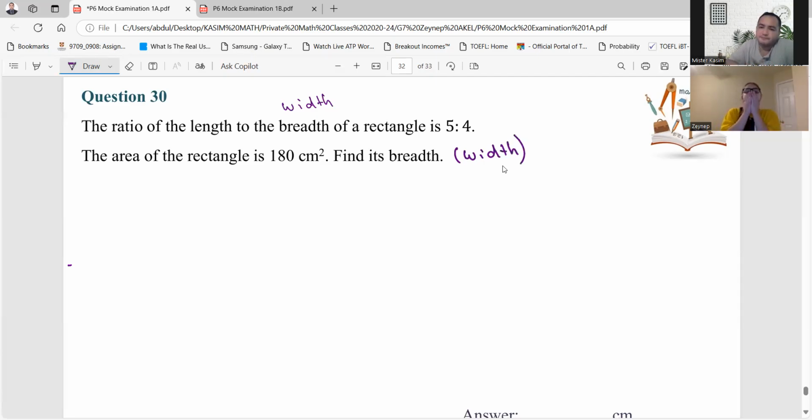This is a word problem. I will give you 1 minute. Okay, do it, and after we'll discuss this.